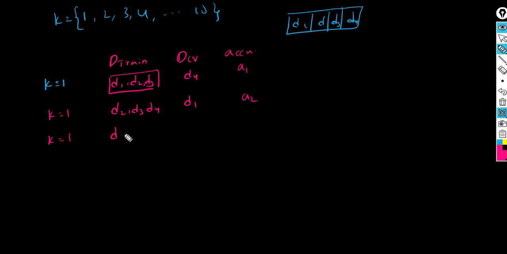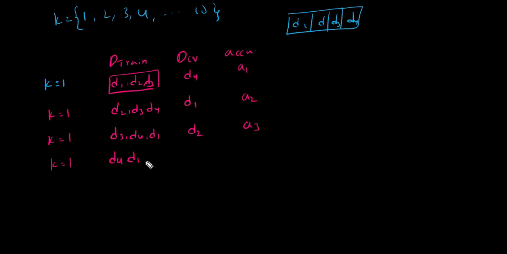Now the train data is going to be D3, D4, D1, and the cross validation D2, and accuracy A3. Similarly, k equal to 1. Now the train data is D4, D1, D2. Now D3 is going to be the cross validation data. A4 is the accuracy.